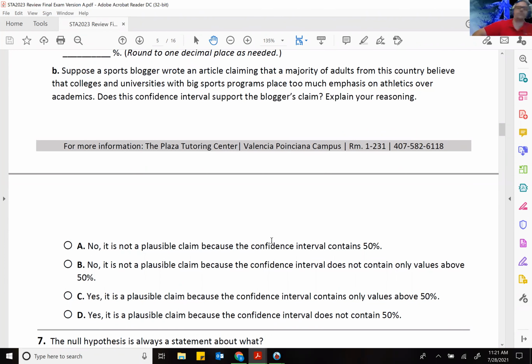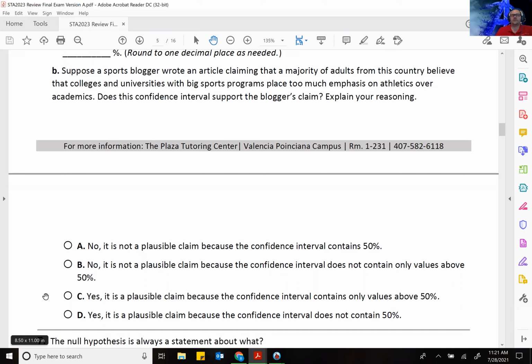So part B, suppose a sports blogger wrote an article claiming that the majority of adults in this country believe that colleges and universities with big sports programs place too much emphasis on athletics over academics. Does this confidence interval support that claim? Yes. Okay, so that means it's either D or C now.